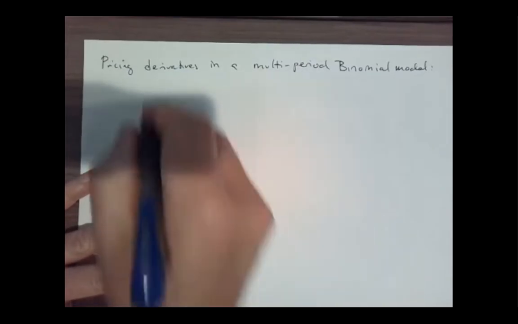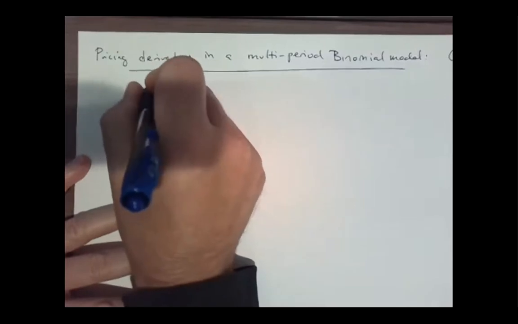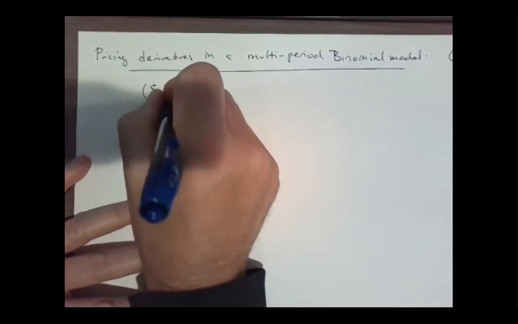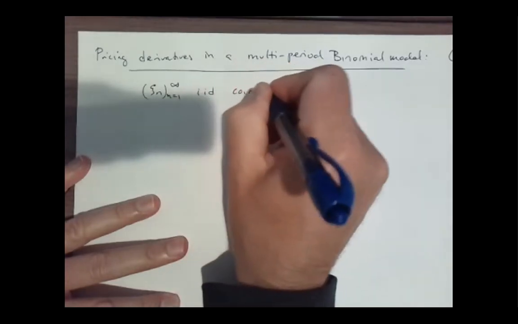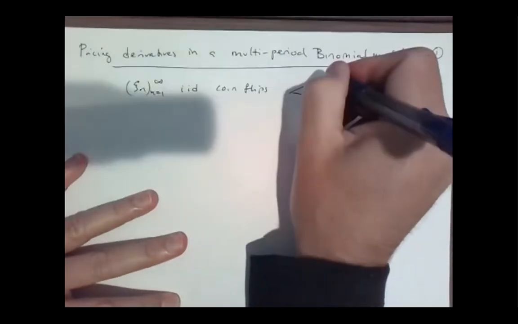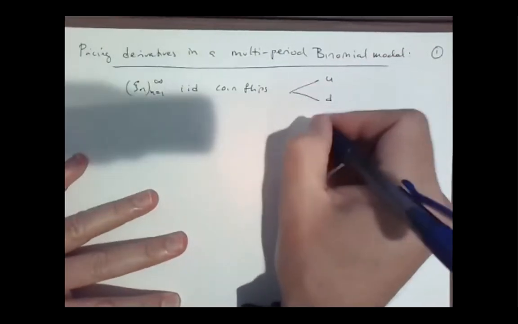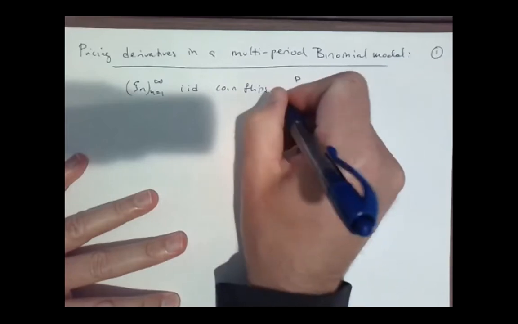And so remember the starting point. We have the IID coin flips. So they look like a U, and you take the values U and D, probability P and 1 minus P. This is your psi n.